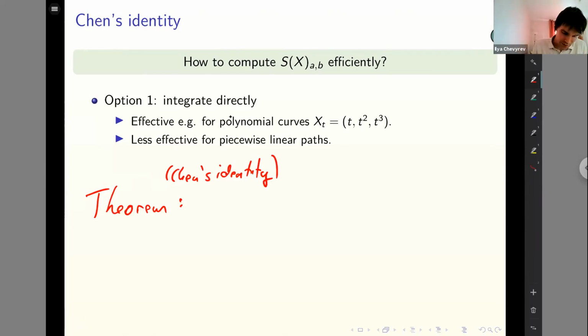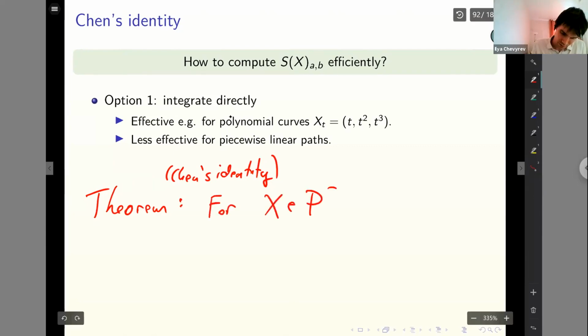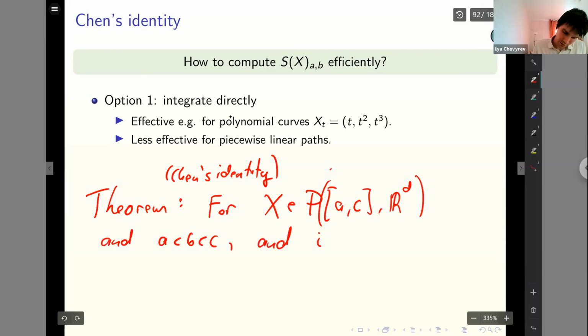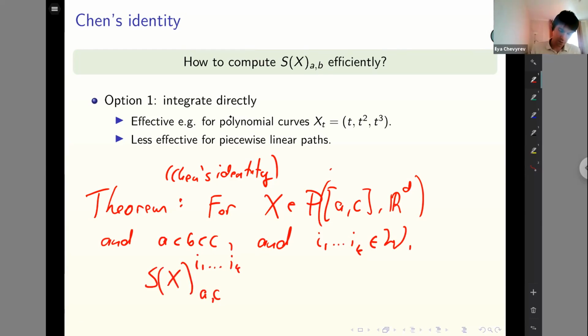Chen's identity states that for x in the space of paths from A to C into R^d, and A less than B less than C, and any word I1, ..., IK in the space of words, it holds that the signature over x of I1...IK over the full interval AC can be written in terms of the signature over the intervals AB and BC in the following way.